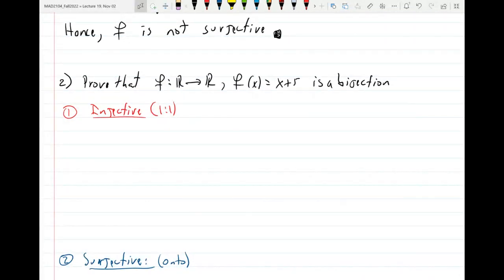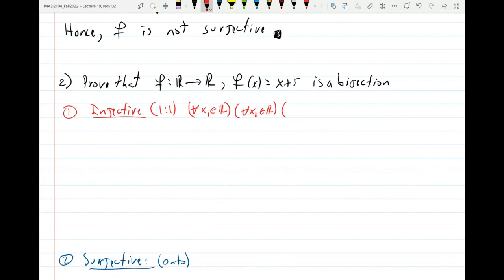So what does injective mean? What's injective in the context of this problem? It means that for every x1, okay, so the domain is R, so for every x1 and for every x2 in R, we have that if x1 is different than x2, then f of x1 is different than f of x2.